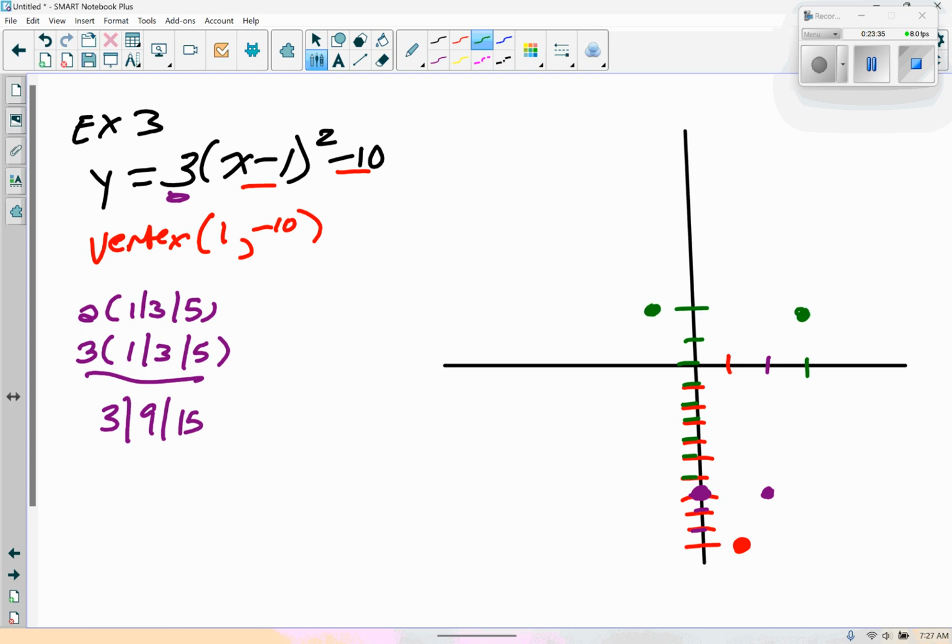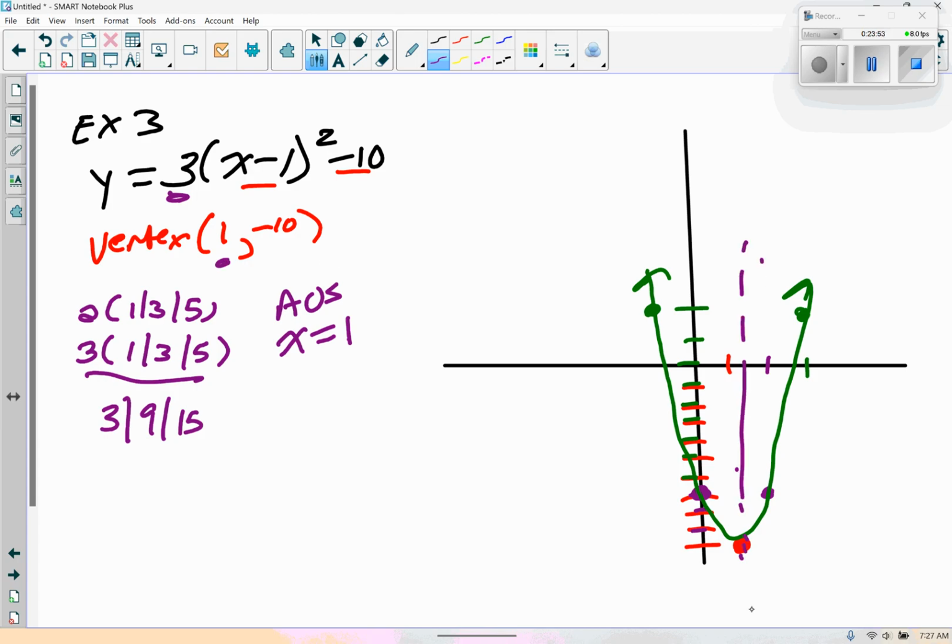Left 1 up there. This is my parabola. Okay. Yes, we have the axis of symmetry. That is the axis of symmetry, we'll call AOS, is x equals 1, because that's 1. So that technically is right in there. Okay. There's our parabola.